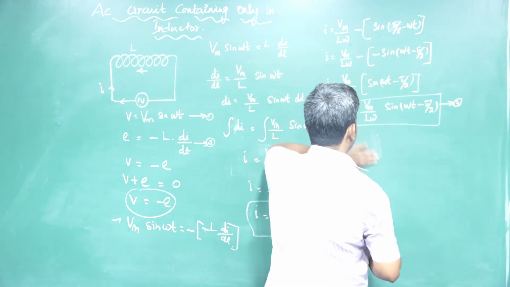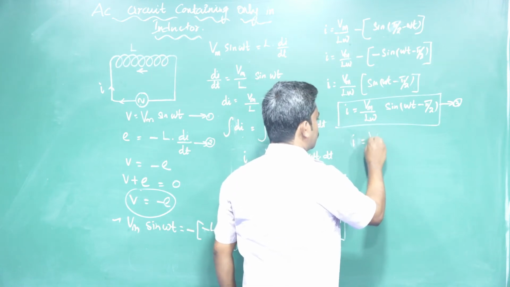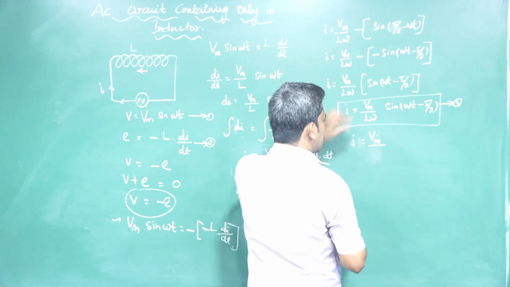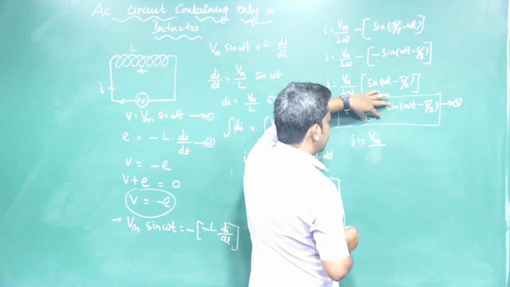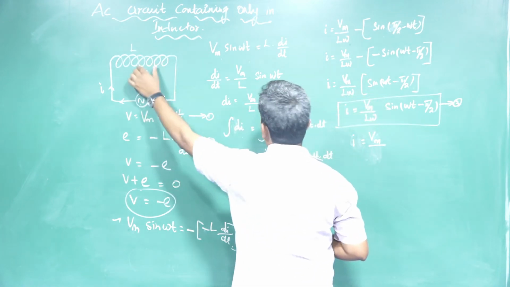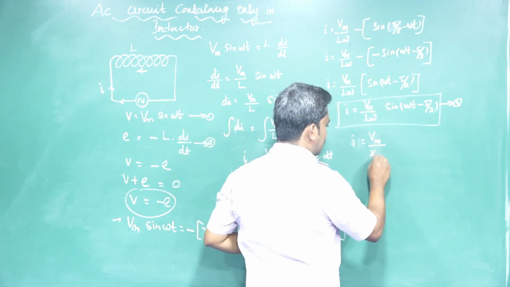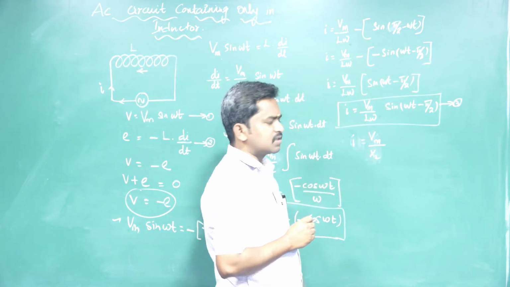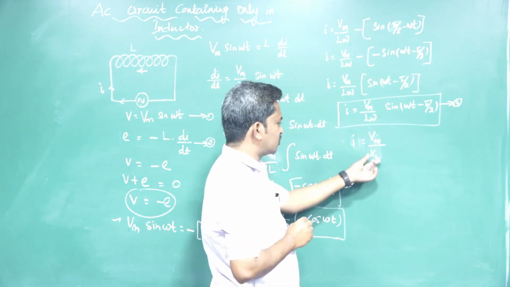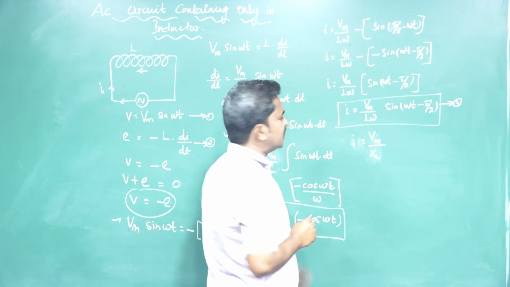I just want to take this. I is equal to Vm divided by omega L, which is the resistance. I mean this is the reactance of the coil. So I just want to take this XL, which is nothing but L omega. This is almost equal to the resistance of the inductor.